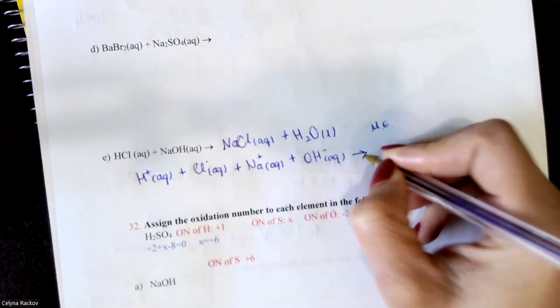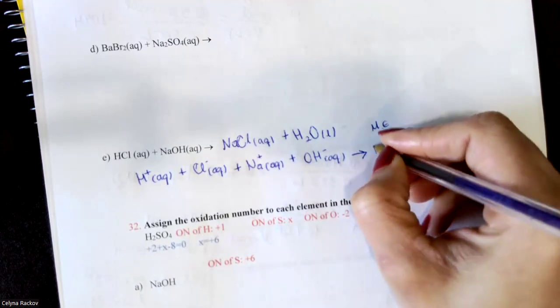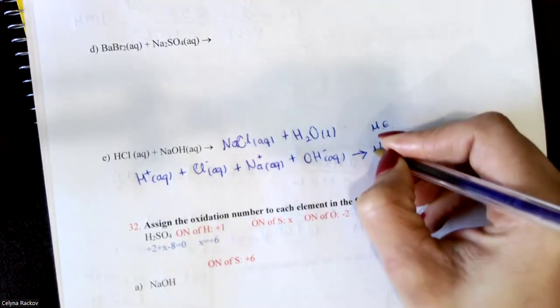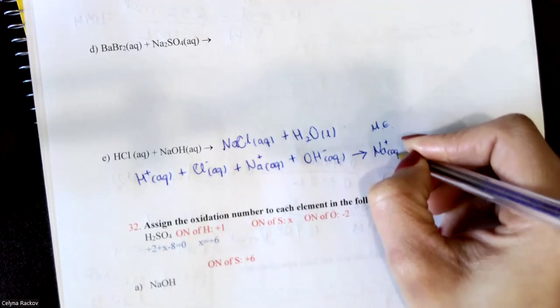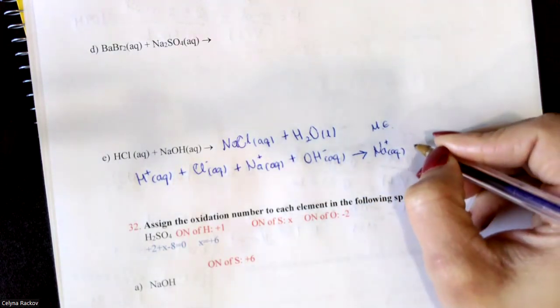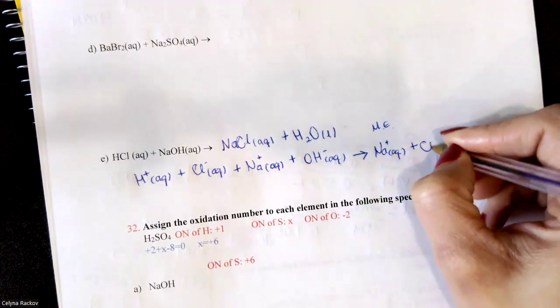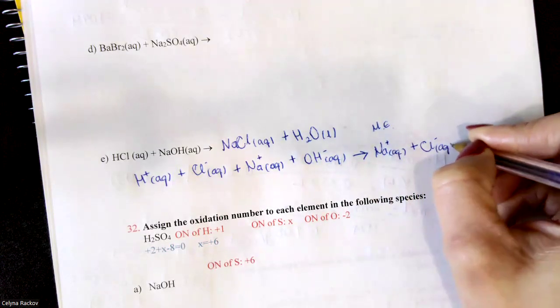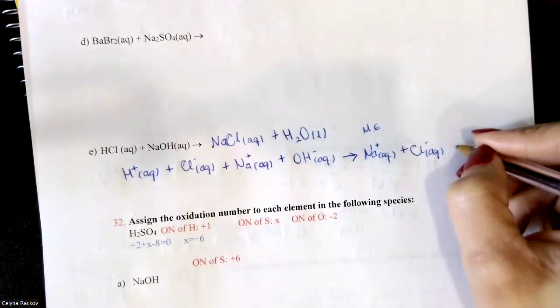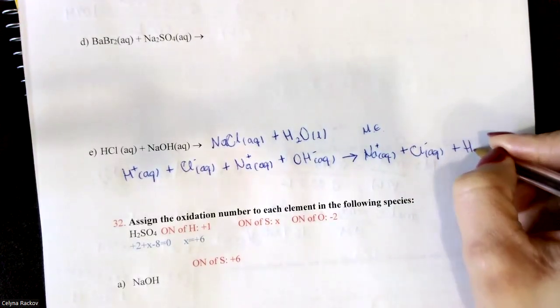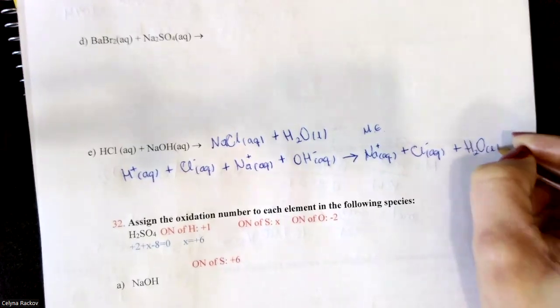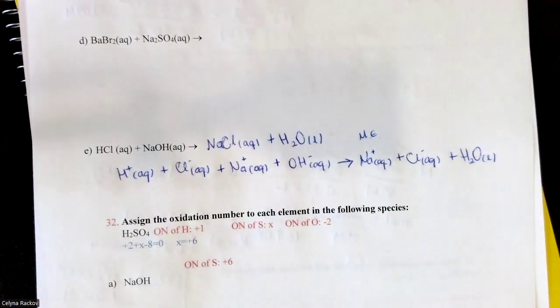The same thing here. Sodium chloride, sodium plus, equals, plus chloride ion plus water, liquid.